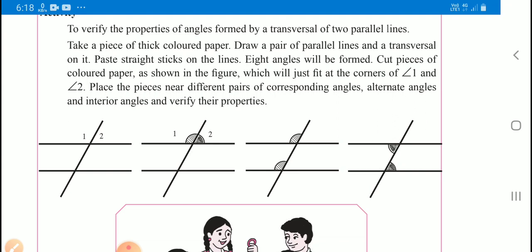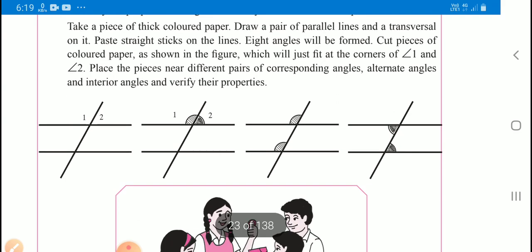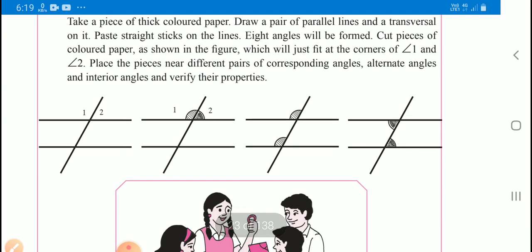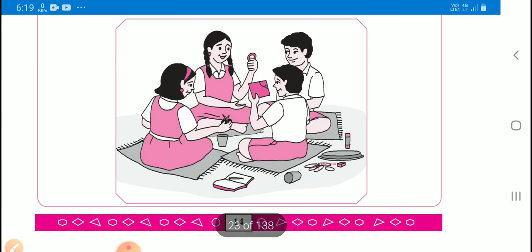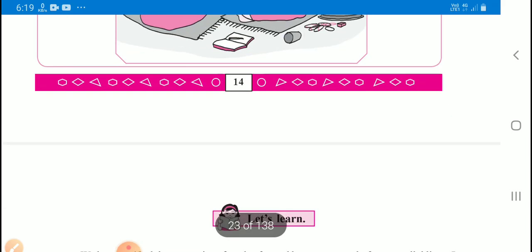Cut pieces of colored paper as shown in the figure, which will just fit at the corners of angle 1 and angle 2. Place the pieces near different pairs of corresponding angles, alternate angles and interior angles, and verify their properties. You can verify the properties by doing this activity.